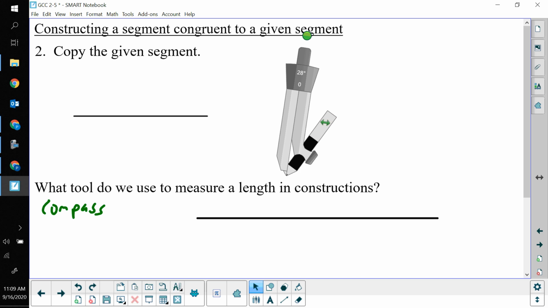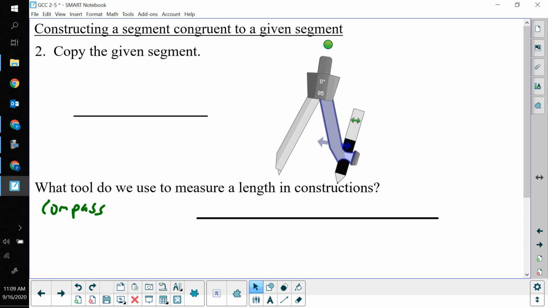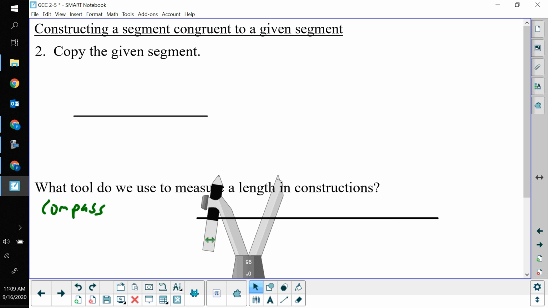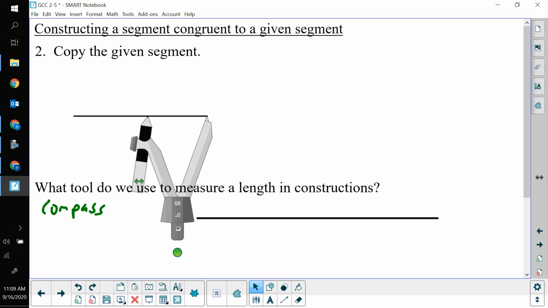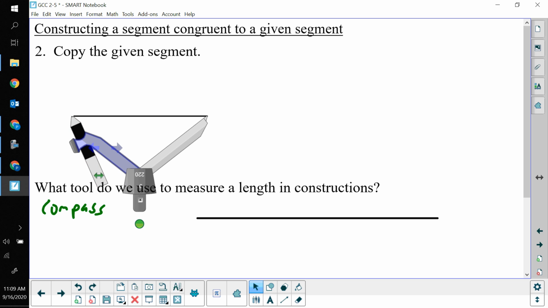So what you're going to do is you're going to set your compass so that it is the length of your original line segment. So my compass is now opened up as wide as that line is.